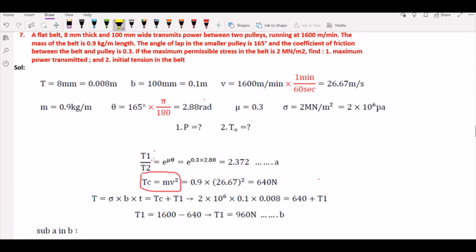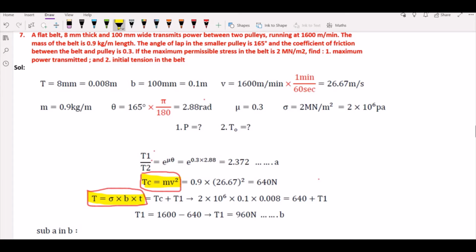This is also an important relation, please try to note it down. Now mass is known, velocity is known, so we have got the centrifugal tension. There is another relation, that the tension T is equal to sigma into b into t, because the stress is given, width is given and thickness is given. If these three things are given, then this is the relation.